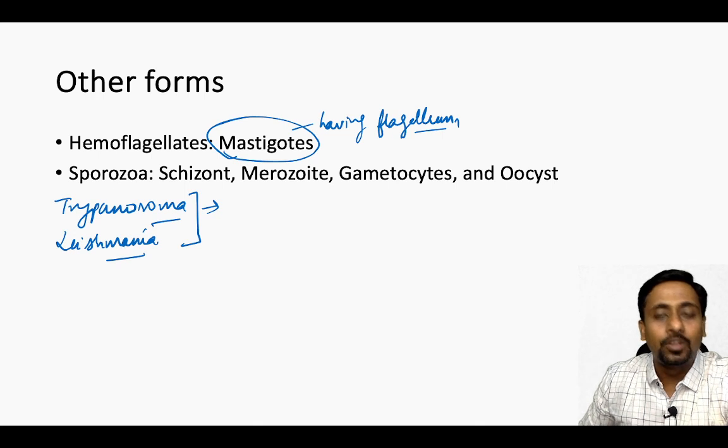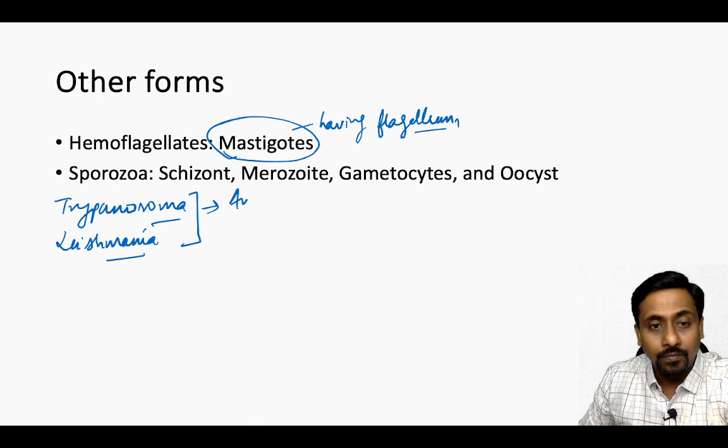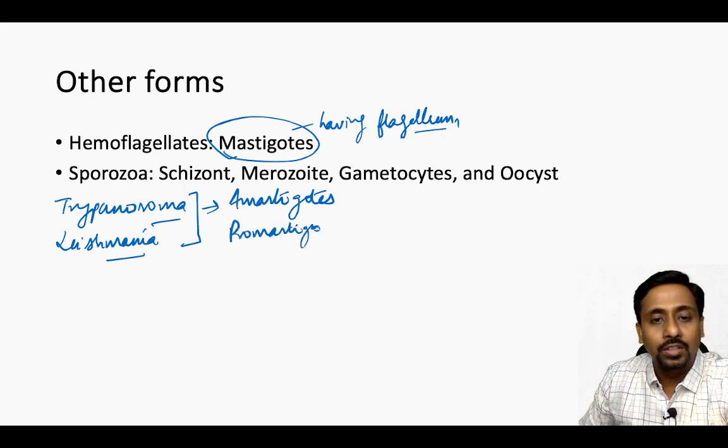There are four types of mastigotes. First one is amastigotes. Second one is promastigotes. Third one is epimastigotes.